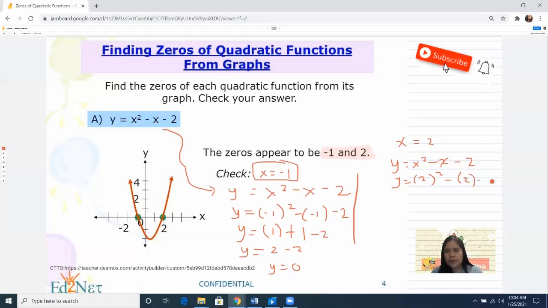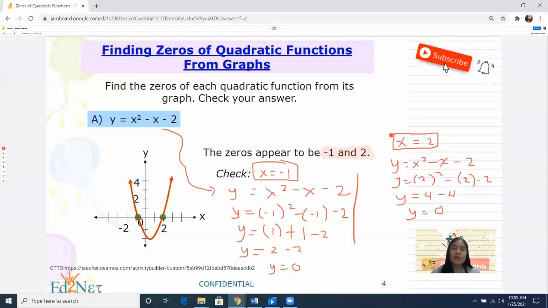When you square a positive 2, it is still positive: 2² is 4, that means 2 times 2. Then minus 2, and then -2, so 4 - 2 - 2 is 0. So we have y equal to 0 again, which means that is a correct zero. So we have -1 and +2. Easy, right?